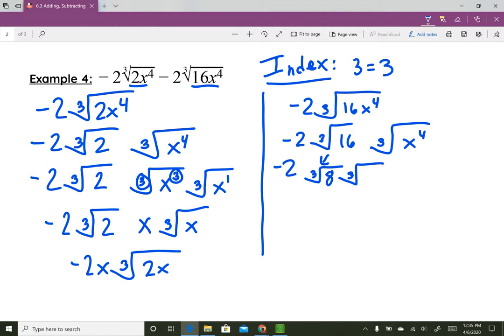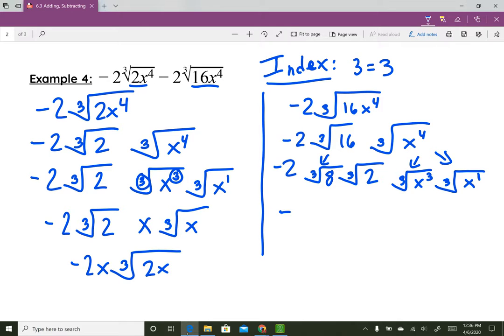Does 8 go into 16? Sure does. 8 times 2 is 16. So I can split that up. We already did this one over here, x to the fourth, but we can just show that again. I'm splitting that up into x to the third and x to the first, because if I multiply cube root of x to the third times cube root of x to the first, it would get me back to x to the fourth.